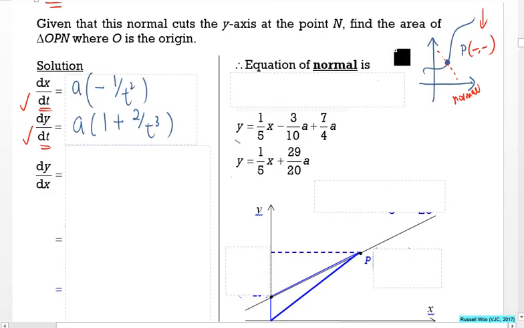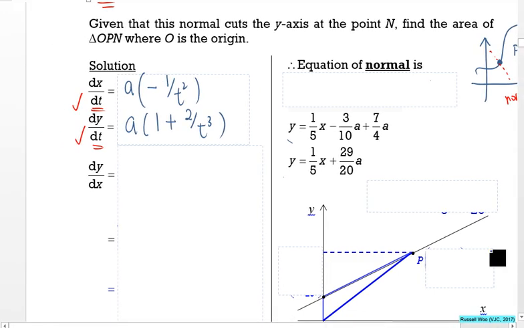What do we do? Recall, I'm just going to write along at the side. Can we recall how to find dy/dx? If you recall, no need to copy. But if you don't, better write. dy/dx is actually dy/dt times dt/dx.